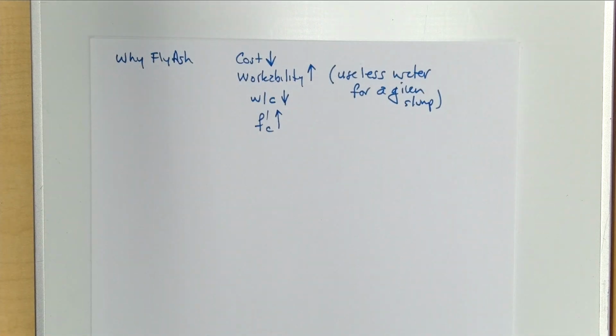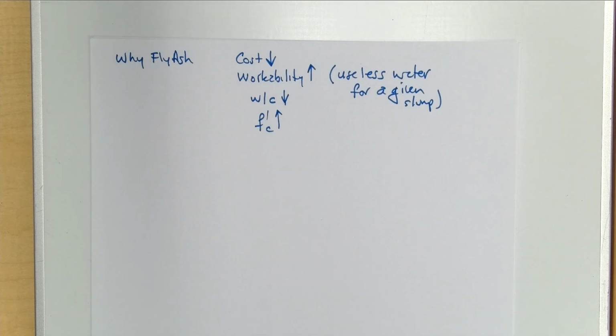So, pretty neat material. It looks under the microscope like little spheres. Those spheres pack nicely and don't require as much water to cover them as a crushed particle like cement. So if you use 15 or 20 or 25% fly ash, you start to have mixtures that are more workable.